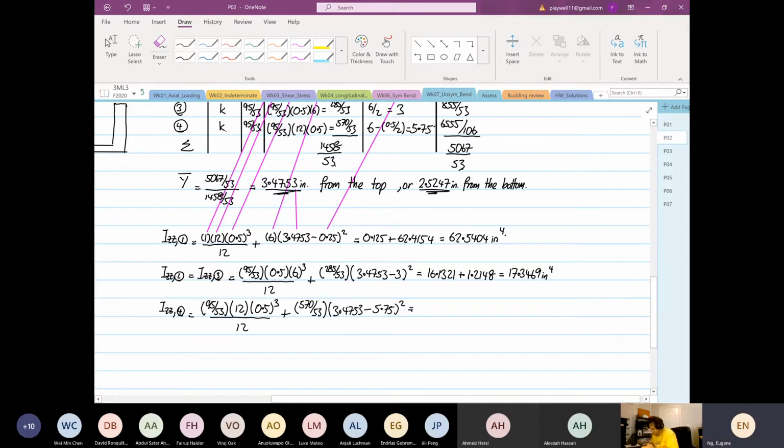Okay, so 95 over 53 times 12 times 0.5 power 3 divided by 12 is equal to 0.224.